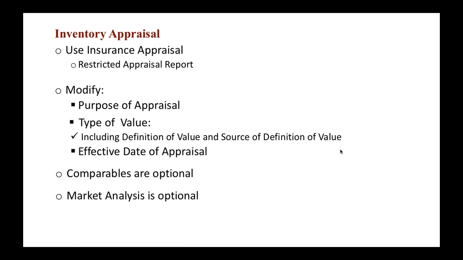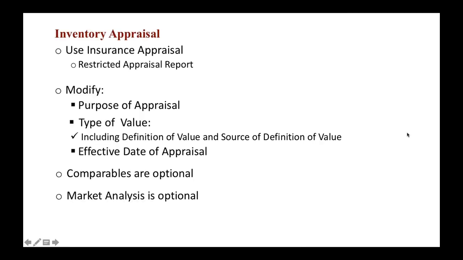The difference in your report will be that the restricted appraisal report has the client as the only intended user. It's for their eyes only. And requirement-wise, less information needs to go into your report. Actually, all of the same information that is in the templates in order to make them compliant with USPAP, you need all that same information for a restricted appraisal report.